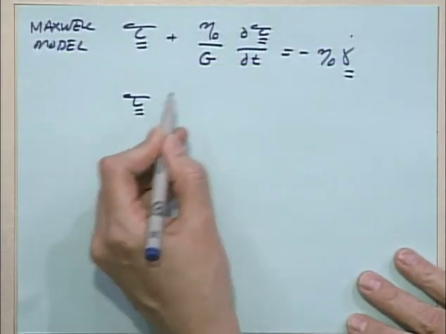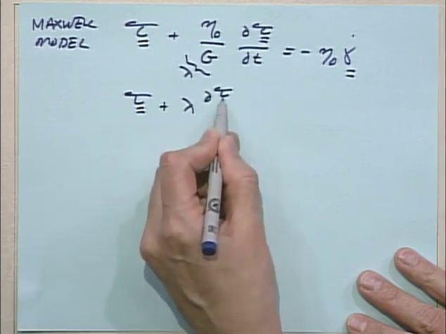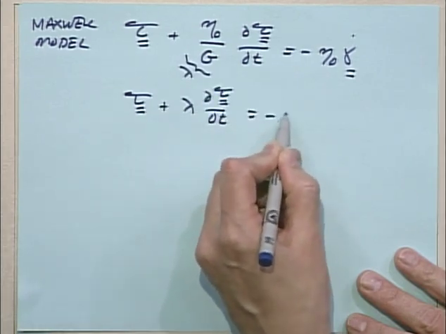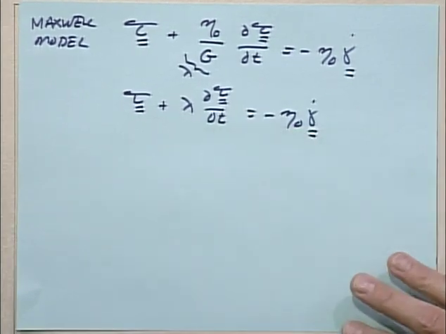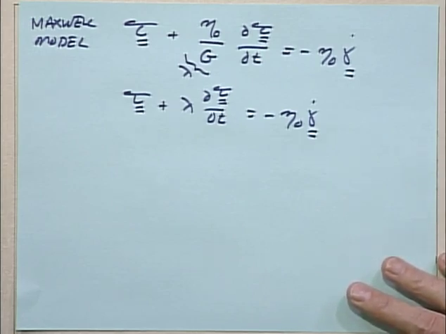So let me start by calling this lambda. And we're going to solve this differential equation. Now, it's a tensor differential equation, but it's just nine equations all written very compactly, and they all get solved the exact same way. So we just keep carrying the tensor notation along with us.